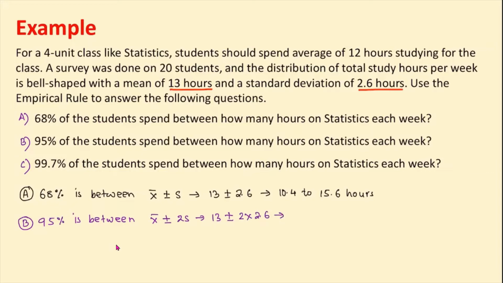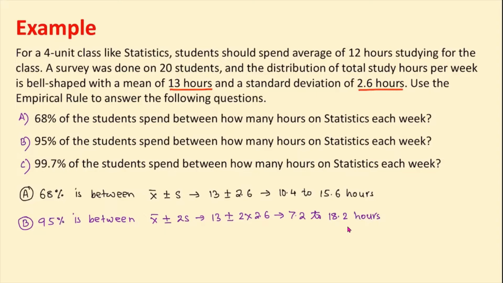Here 13 minus 2 times 2.6 is 7.2, and 13 plus 2 times 2.6 is 18.2. So 95% of students spend between 7.2 and 18.2 hours every week on their study.